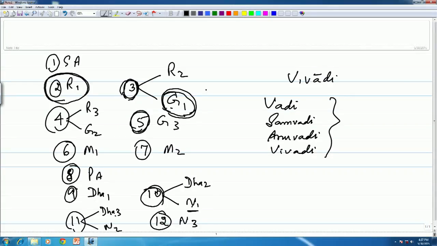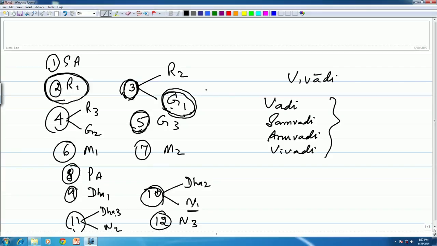Any raga which has this swara, I am not talking of the swarasthana, any raga which has this swara, that is Shuddha Gandhara, and therefore it can have Shuddha Gandhara only if Shuddha Rishabha is also there. Otherwise, if only the swarasthana 3 is there, then it could be Ritu.